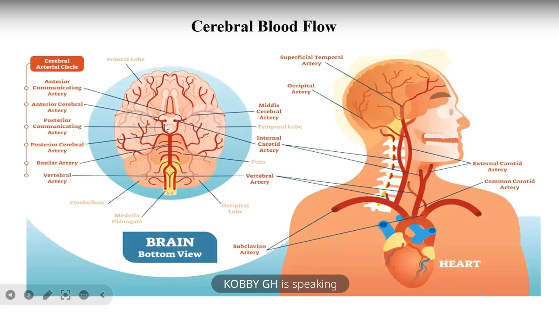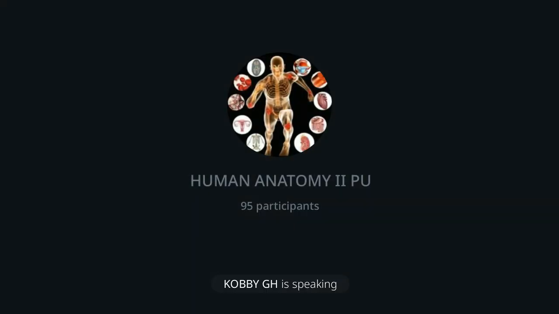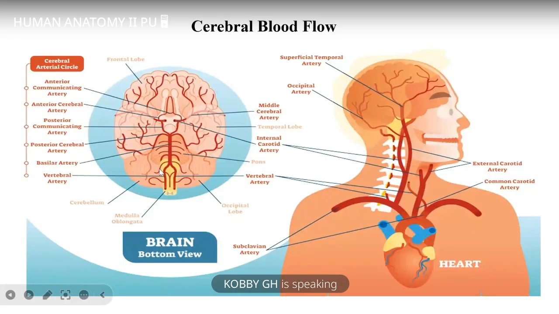So if you go and check some books, some books can write more. Some books will even tell you the internal carotid artery is 2. They will write the right internal carotid artery, the left internal carotid, but all of them is still the internal carotid artery. Some books too will write the left vertebral artery, then the right vertebral artery, then they will come and write the basilar artery again.